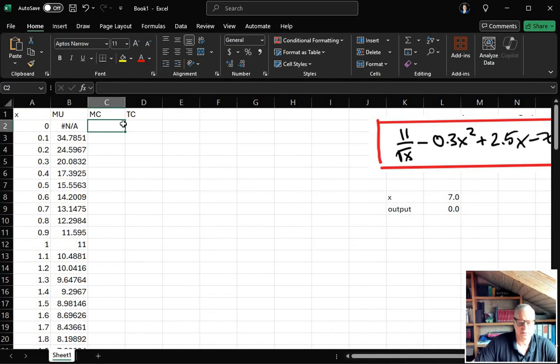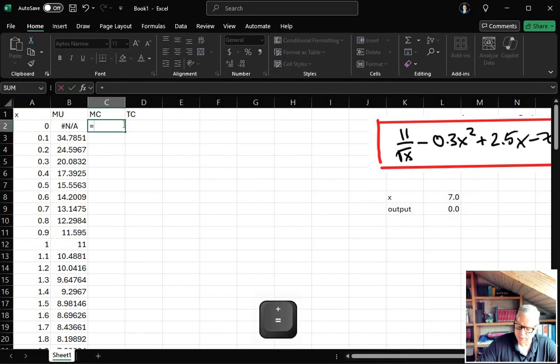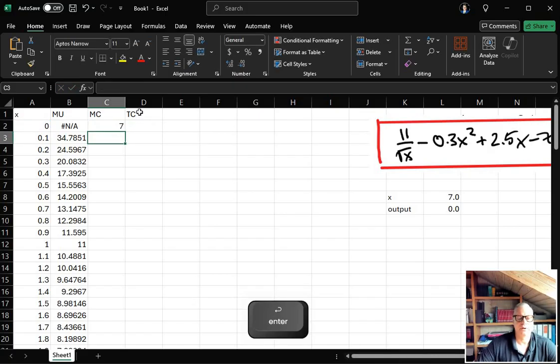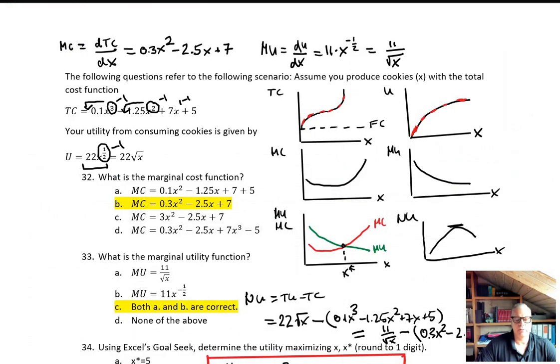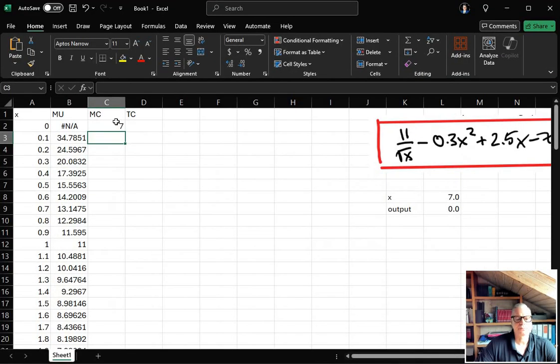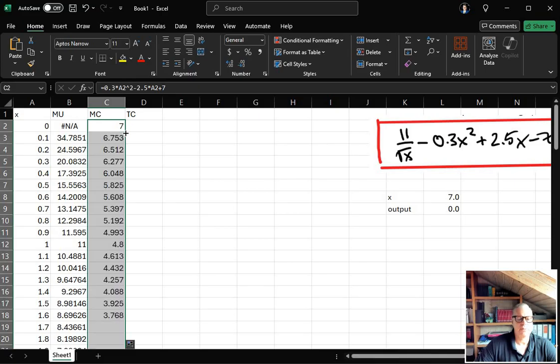So that was equal to 0.3 times x squared minus 2.5 times x plus 7. Was that correct? Double check. 0.3, correct. Okay, now we have marginal cost.